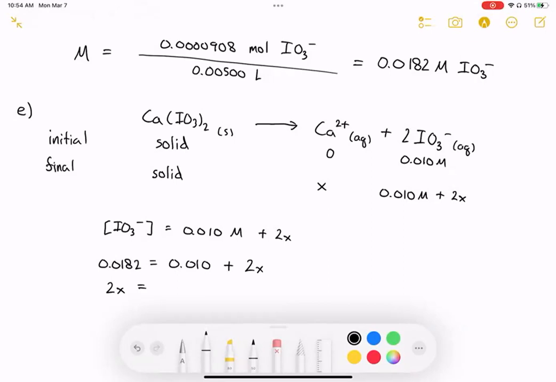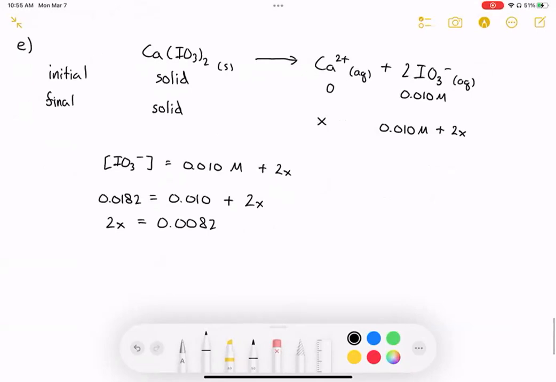That gives us 0.0082. And then divide this number by 2, we get the solubility X equals 0.0041 molar.